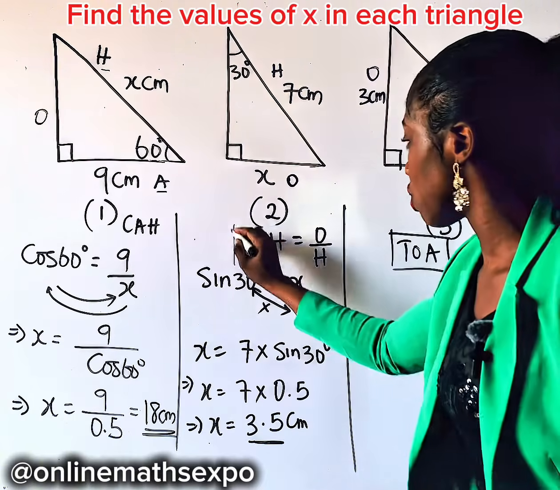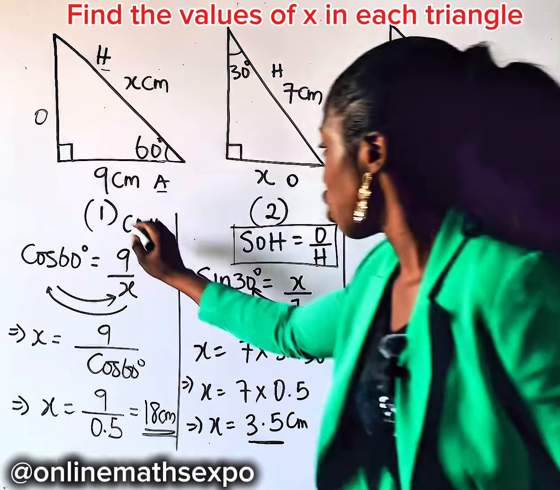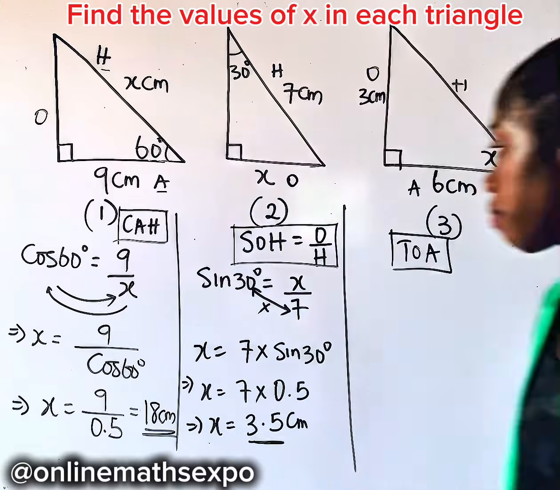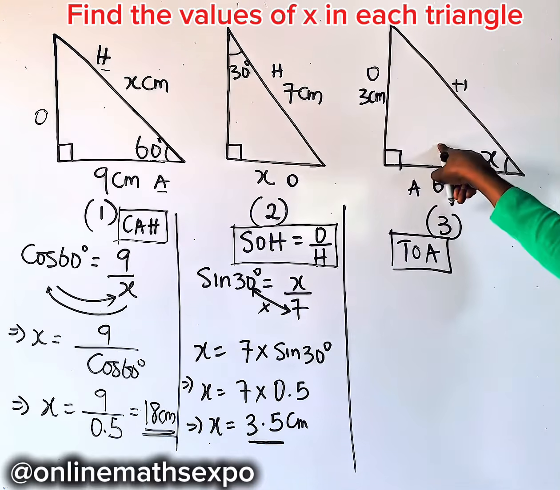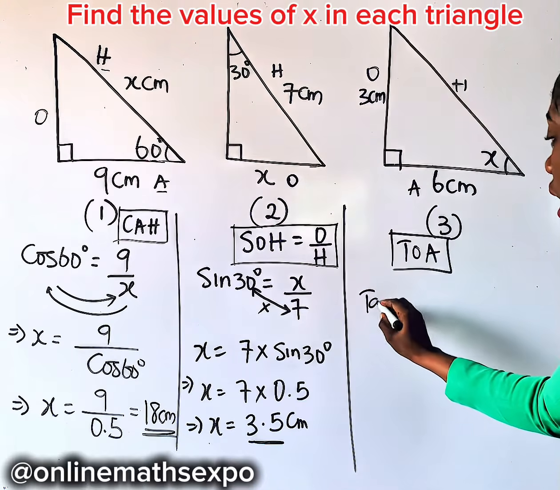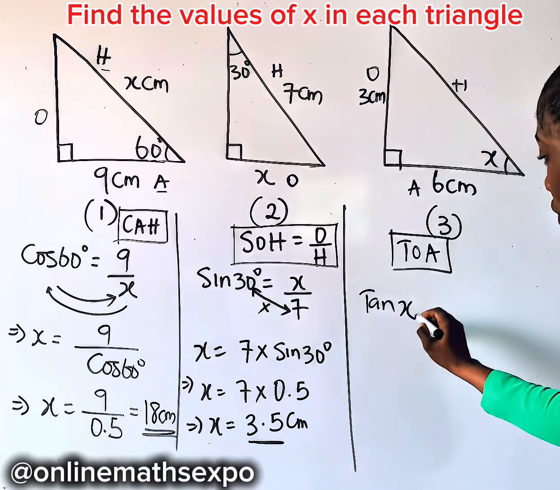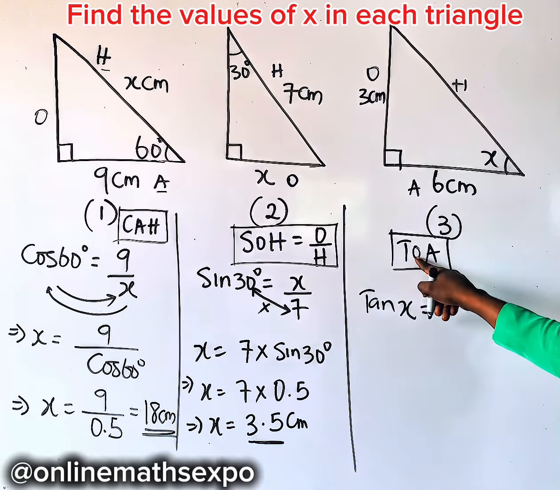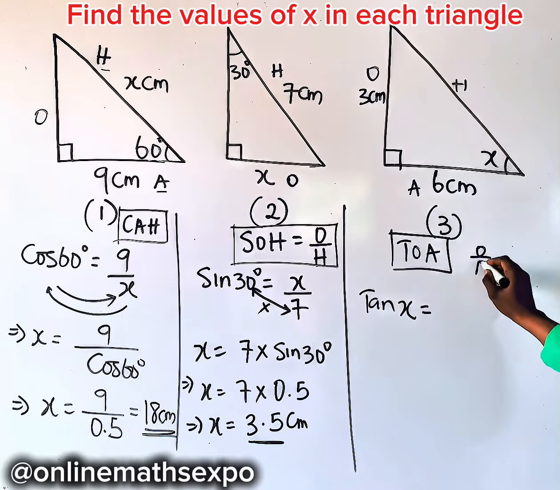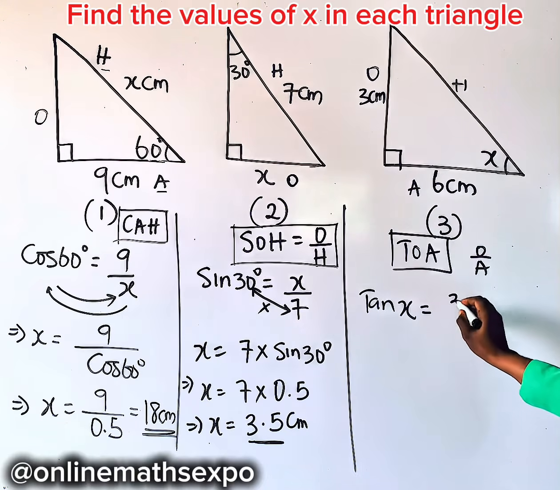So let's block this so that you can easily remember what we did for each of them. This is what we are using here. So we're going to have tan of x. We are looking for an angle now. So it's going to be tan of x is equal to O over A. Our O is 3, divided by your A, which is 6.